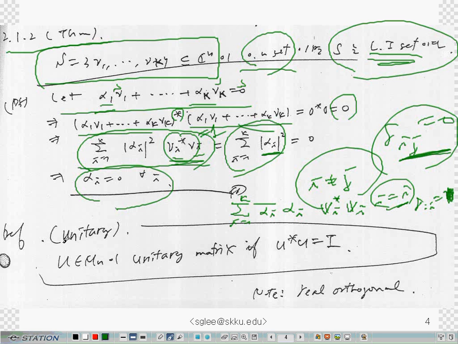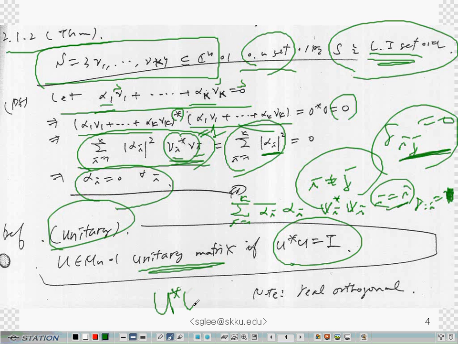Okay? Unitary matrix. A matrix is called unitary if the complex conjugate of U times U is an identity matrix. Then we call this matrix U unitary.